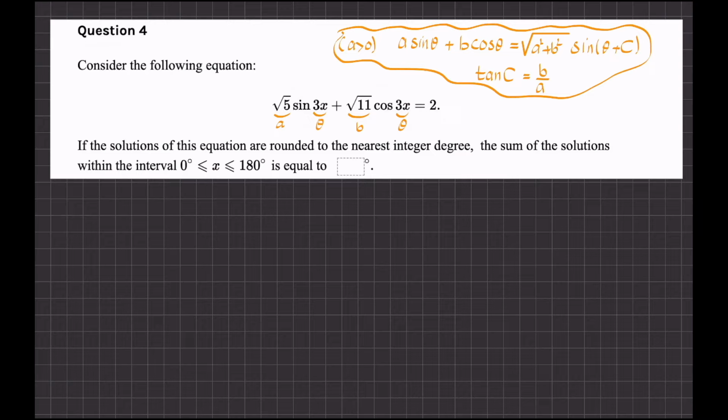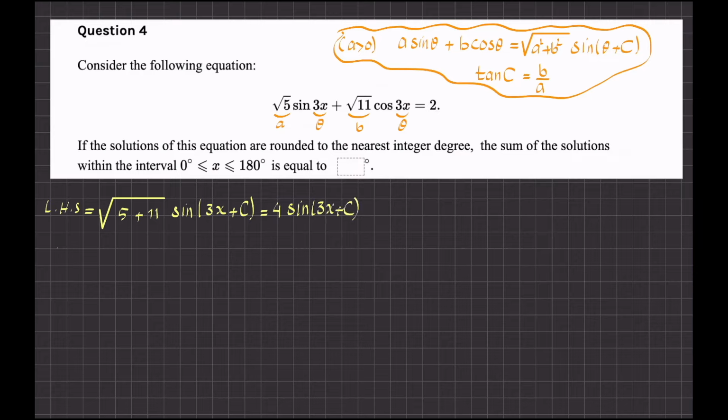Here I would say that the left hand side is equal to square root of a squared, which in this problem is square root of 5 to power 2, which is 5, plus b squared, which is 11. And then I have sine of theta, which in this problem is 3x, and the constant c. But let me write it a little bit simpler. 5 plus 11 is 16. Square root of 16 is simply 4, so it becomes 4 sine 3x plus c.